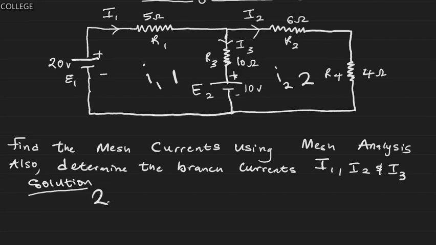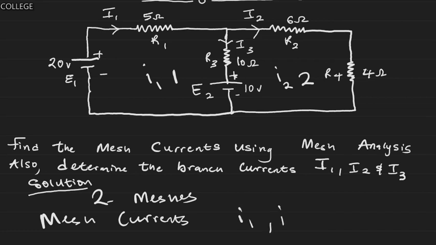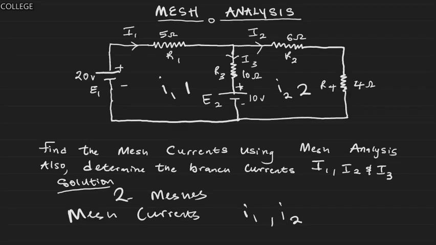Since we have two meshes or loops, we have our mesh currents to be I1 for loop 1 and I2 for loop 2. Before we proceed, let's take note that the branch currents I1, I2 and I3 are dependent on the values we get from the mesh currents I1, I2.